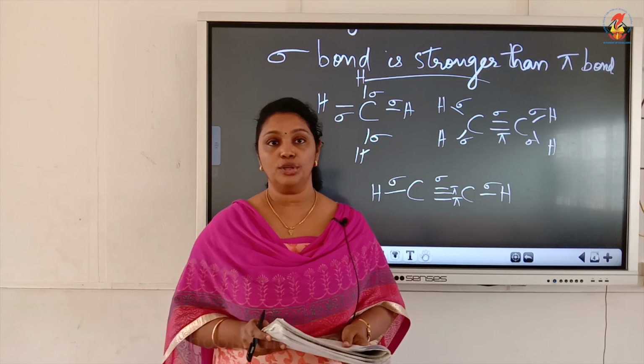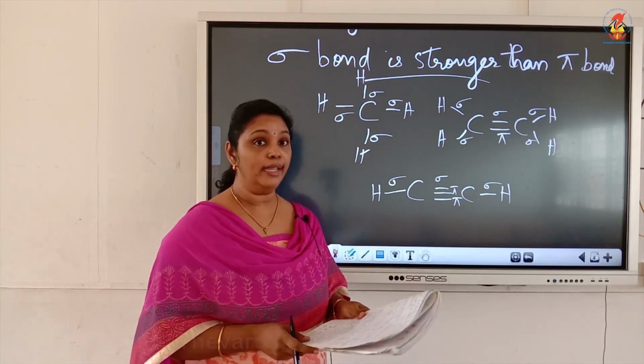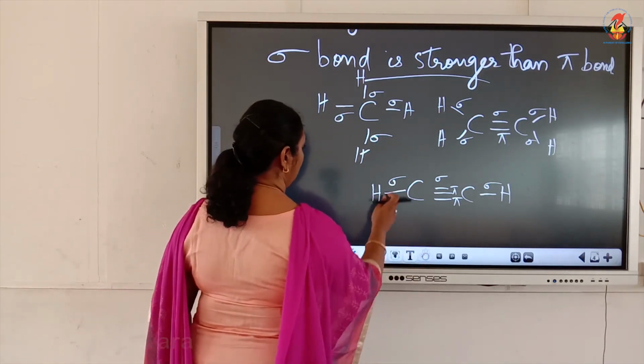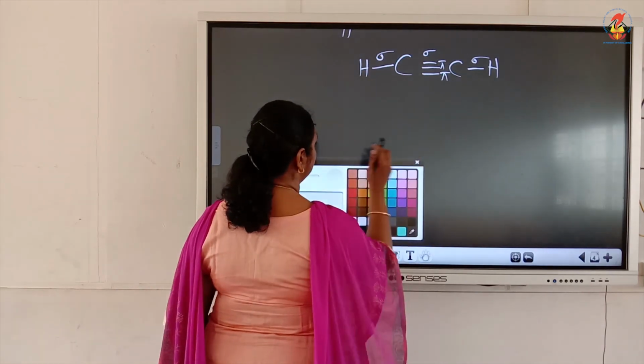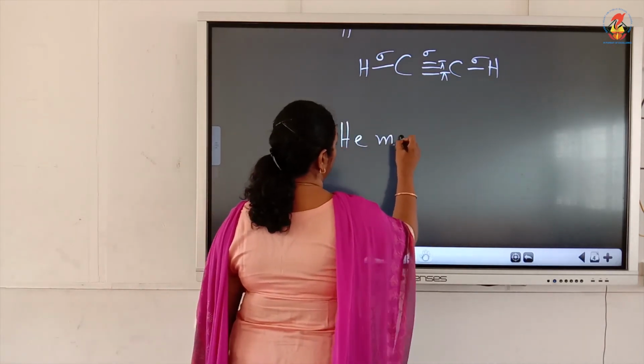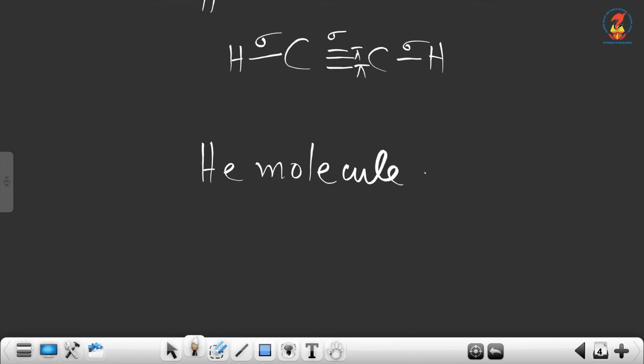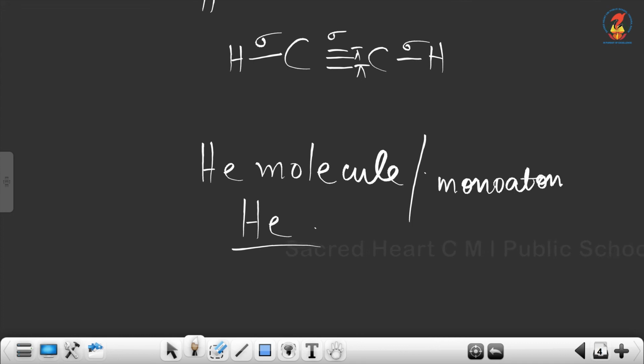Now we have a last question here. Why is the helium molecule not formed? Whenever you write helium, you write the symbol as He and not He2. Or you can say why helium exists as a monoatomic gas.